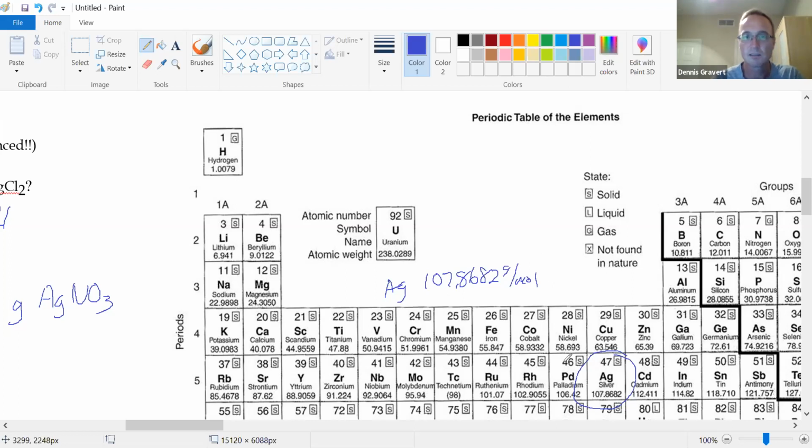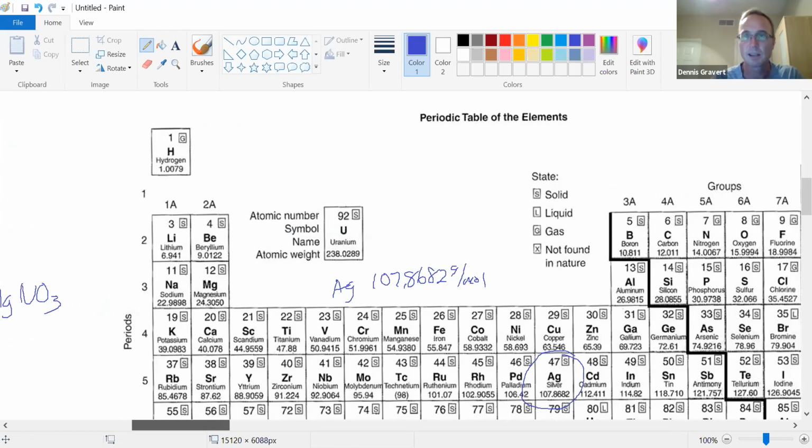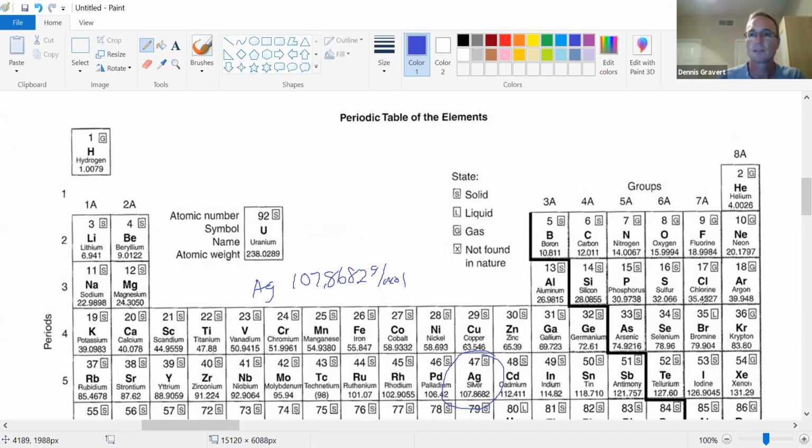And chlorine, it's off to the right a little bit. Here it is. Chlorine, 1 chlorine atom weighs 35.4527 grams for every mole. Add those up, and you get 143 and change.